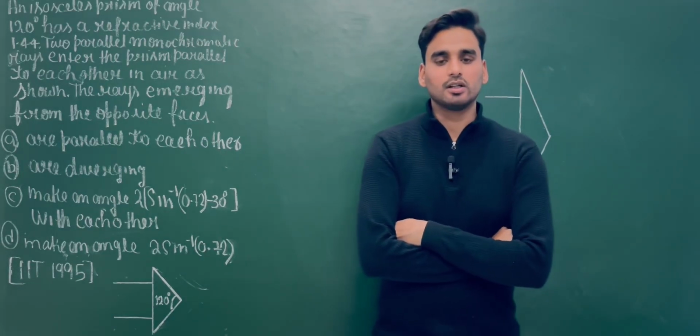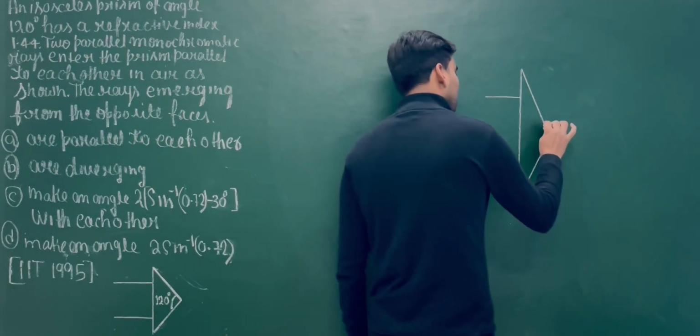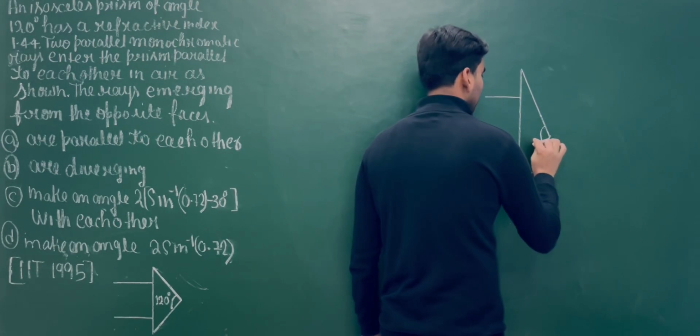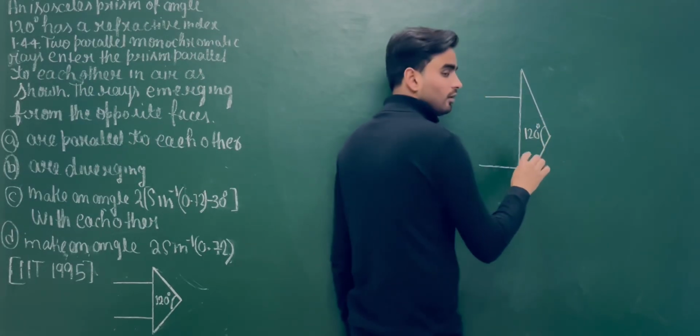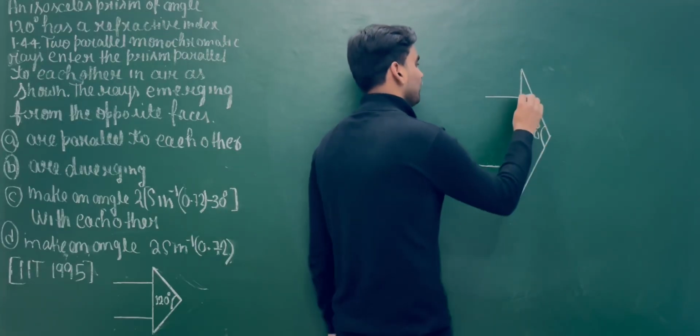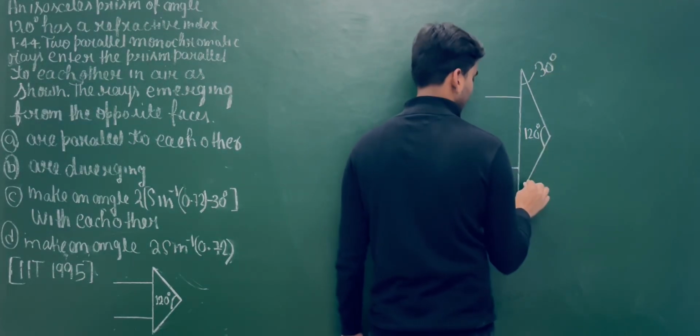In this question, there is an isosceles prism of angle 120 degree. Since this prism is isosceles, these two angles will be equal to 30 degree.